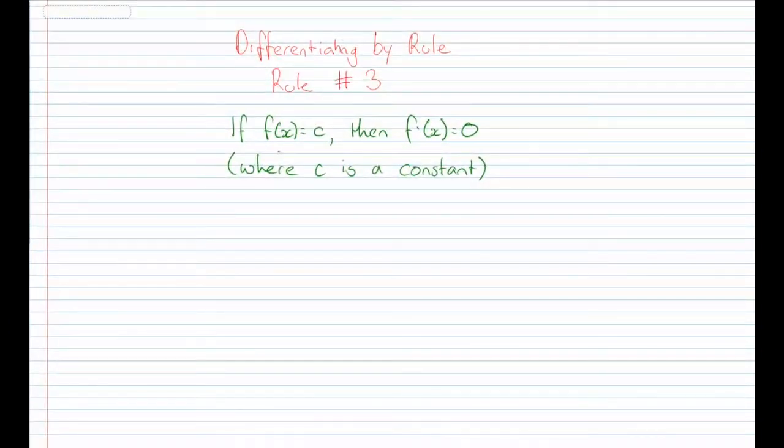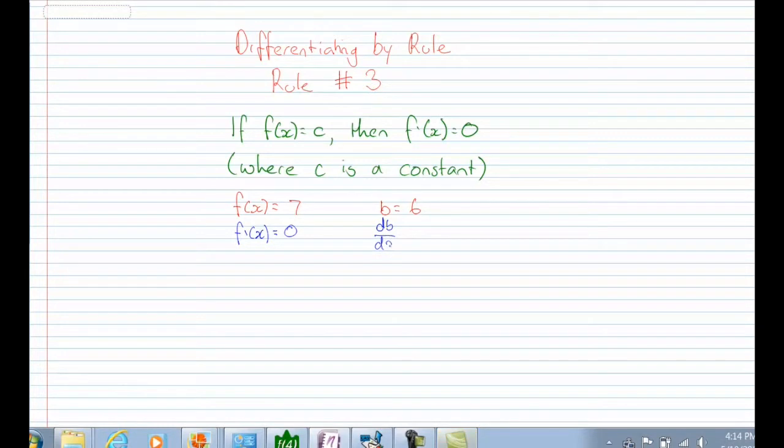And now it's time for rule number 3. The third rule to be aware of when differentiating by rule is if f of x is equal to c, then f dash of x is equal to 0, where c is a constant. So for example, if you have f of x is equal to 7, or b is equal to 6, then f dash of x is going to be equal to 0, or db on dx is equal to 0.